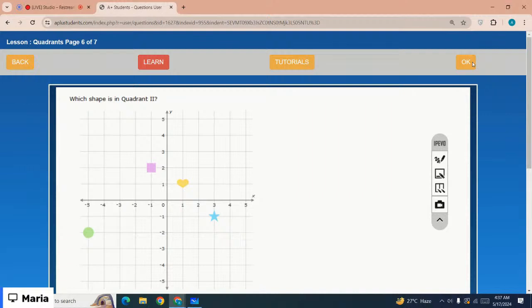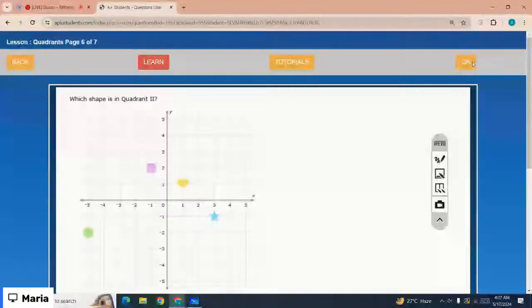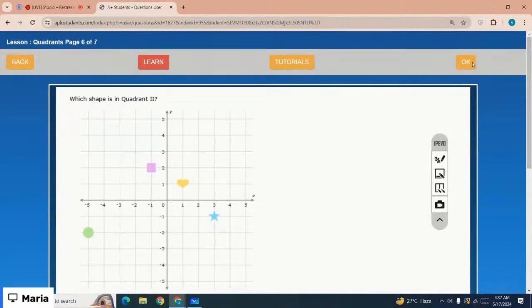Which shape is in quadrant 2? The square is in quadrant 2, right?